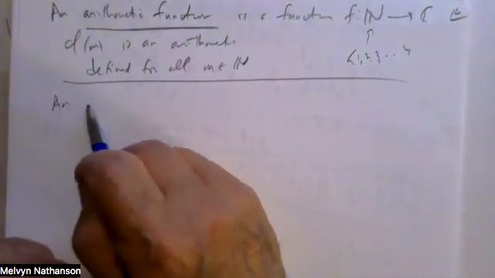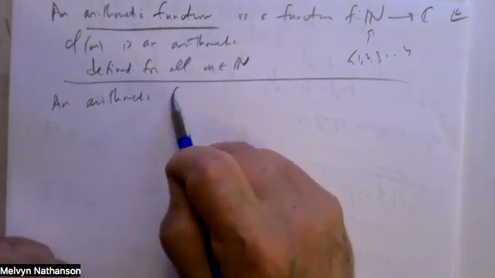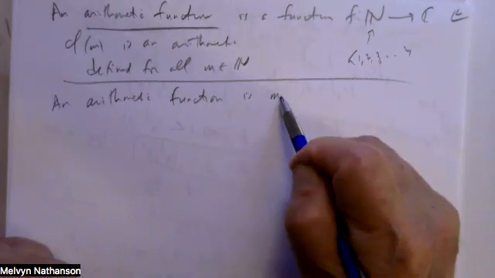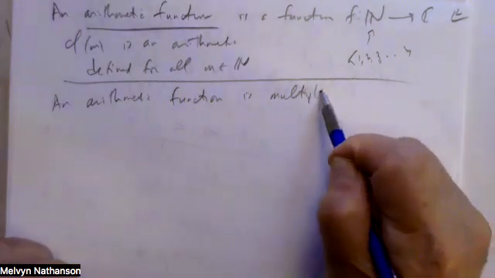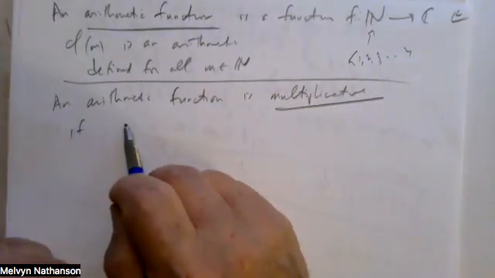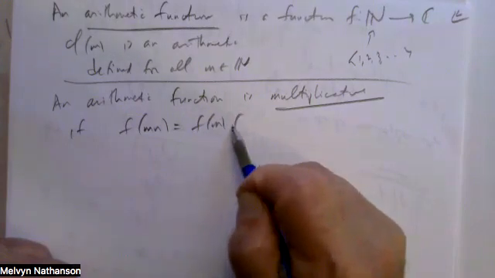And we say that an arithmetic function is multiplicative if f of mn is f of m times f of n.